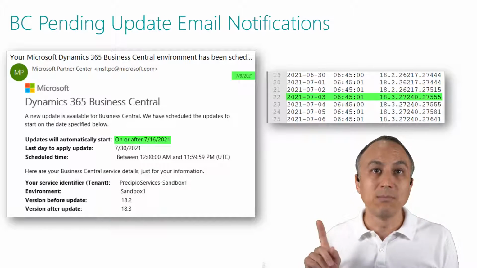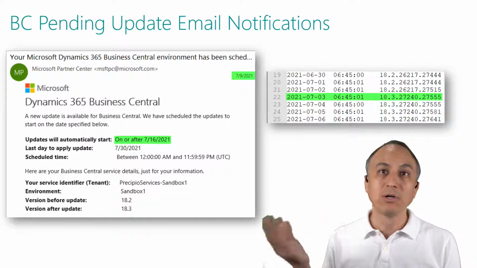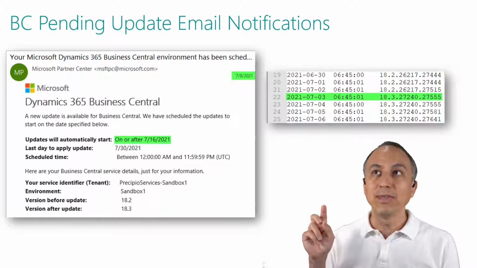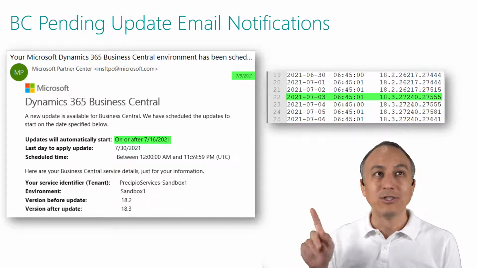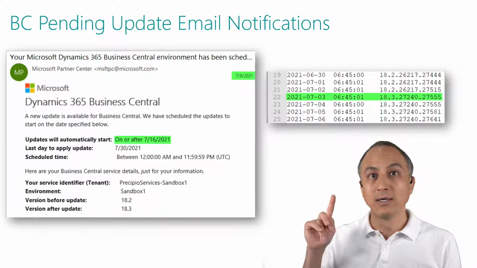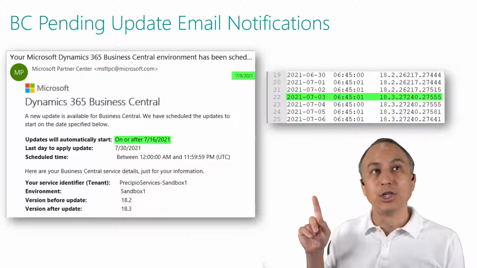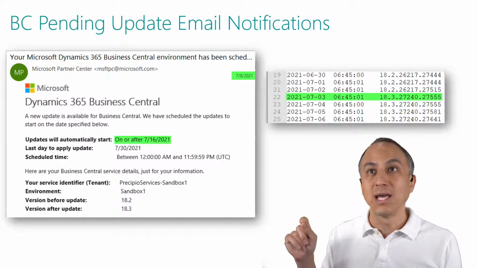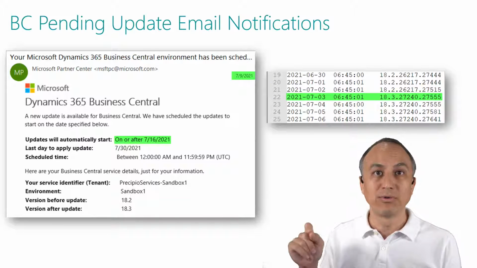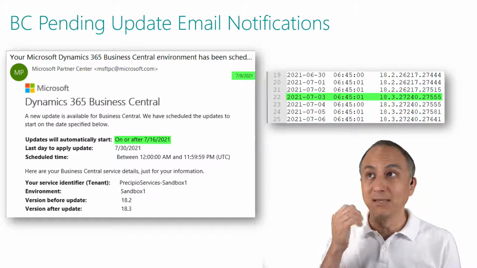However, I do have the email notifications for upgrades from Business Central. So I looked through my email and I found that on July 9th, just 6 days after I logged 18.3 in my BC container log, I received the notification that 18.3 would start to roll out as early as July 16th.